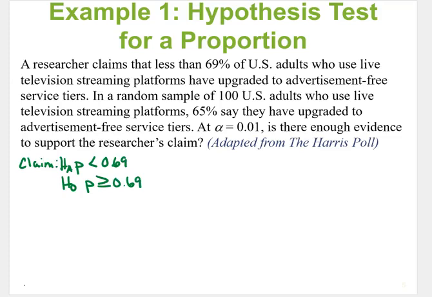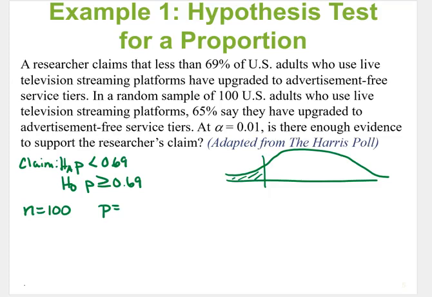All right, notice my alternate is less than, so this is going to be a one tail, a left tail, in fact. So we're going to have a left tail over here. Okay, so I'll just color that in. Next up, it says in a random sample of 100 adults, so my n equals 100. All right, and I already know that my p equals 0.69, which means my q must be 0.31. So I'm going to write those down right now because I already know them given the problem.